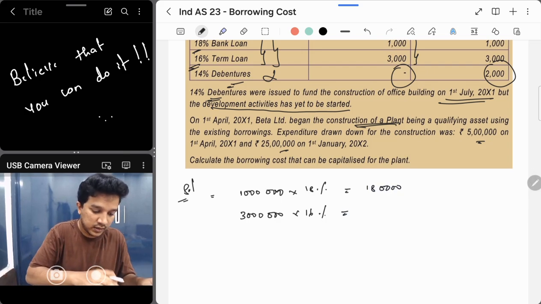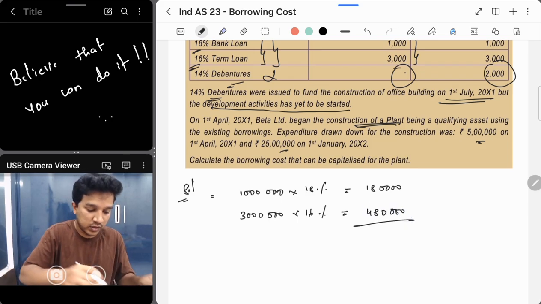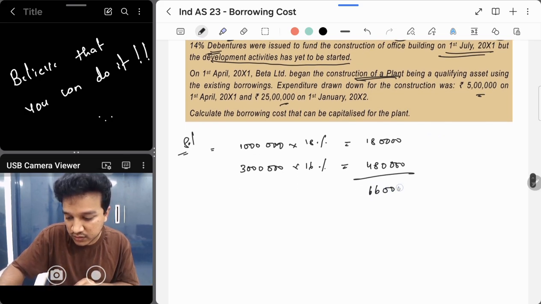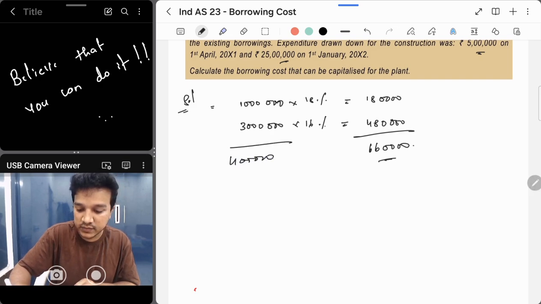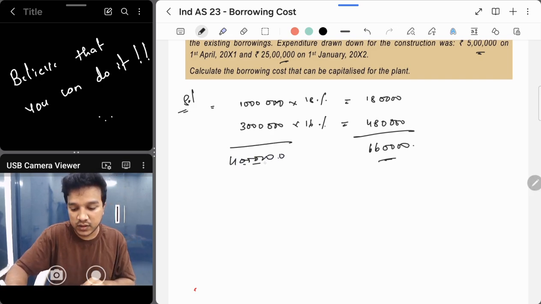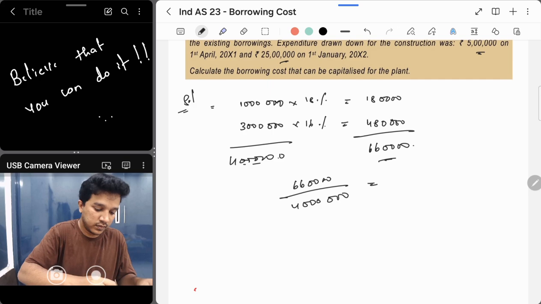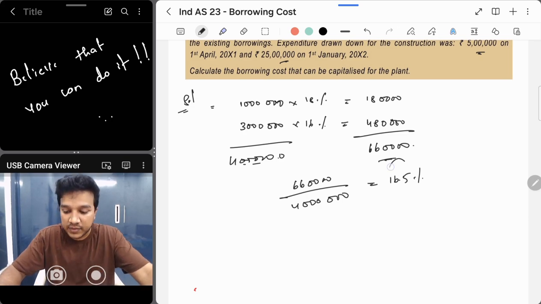Now 300 into 16%, which comes to 4,80,000. ठीक है. टोटल मिला है तो ना 6,60,000. This is the total interest cost. Now 6,60,000 divided by total, this is 4 lakhs. We will get one rate. Okay, 1 2 3 4 divided by 4. 16.5%. Clear no? Now this is the capitalization rate.